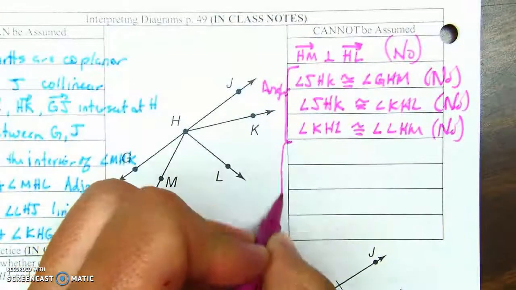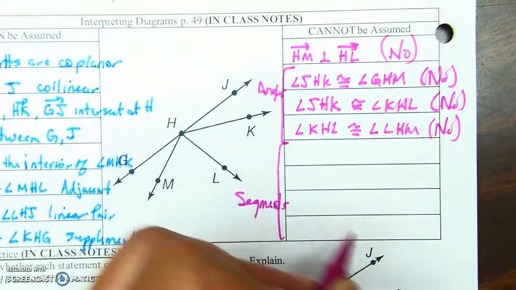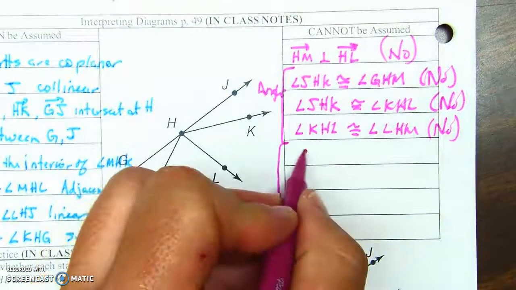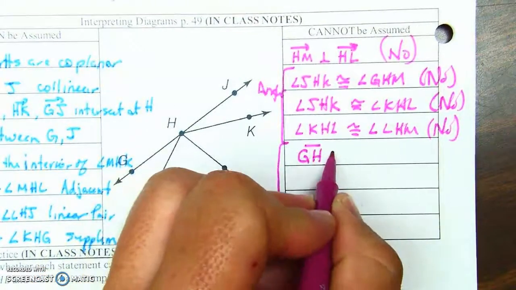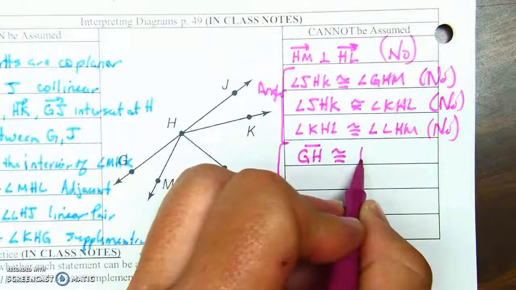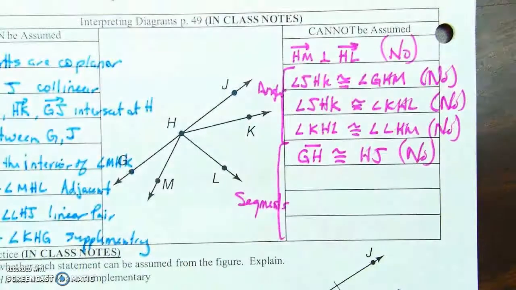And then down here we want to talk about segments. We can't assume that GH is congruent to HJ, because there are no markings.